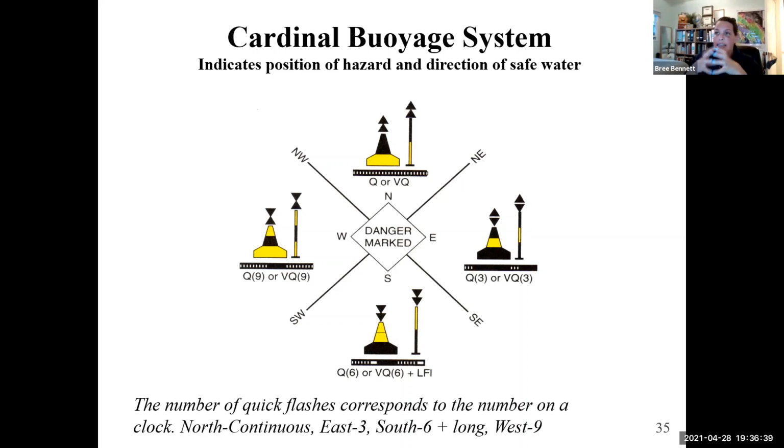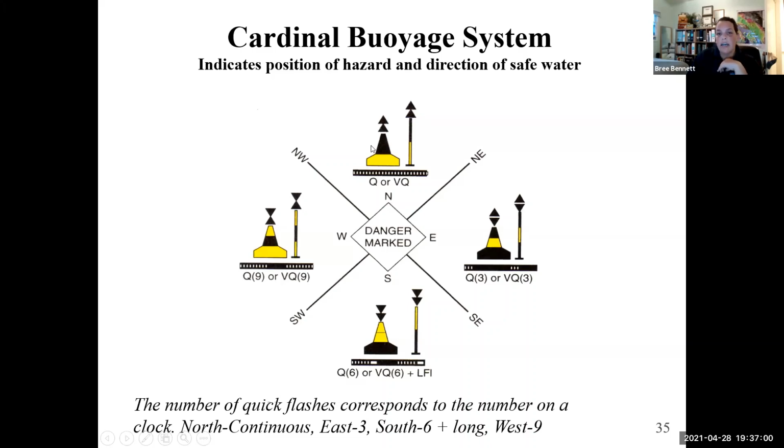So it isn't necessarily indicating danger, even though there is a danger there. It's indicating where the safe water is. So there's 4 safe passages. Pass it to the north, to the south, to the east, or to the west.